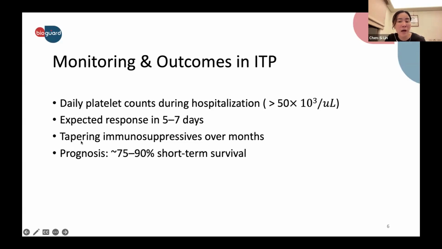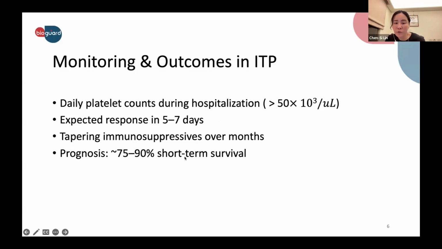Because in our first treatment we use prednisolone, after the condition gets better, we may try to taper steroids and adjunct immunosuppressives over months, checking platelets every 1 to 2 weeks initially.